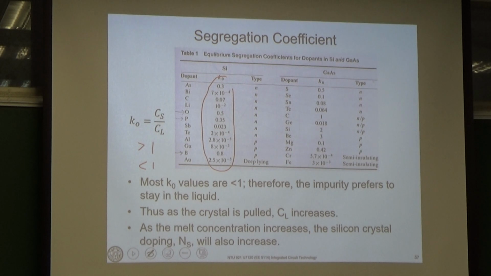But that reminds us that when we talk about the FZ, as the crystal continues to pull and move upward, you continue to increase your impurity concentration in your liquid. So once it freezes and turns back to solid, that material will contain more concentration of impurity or dopant.